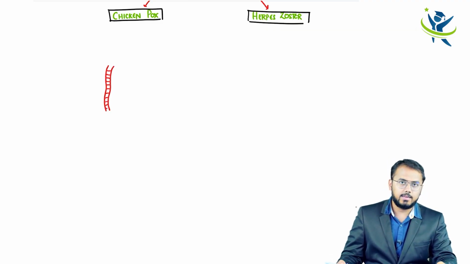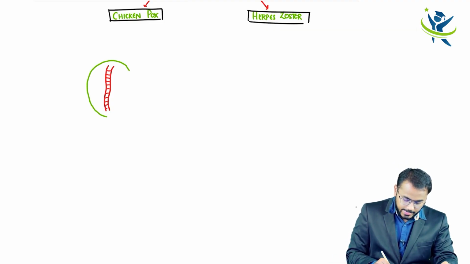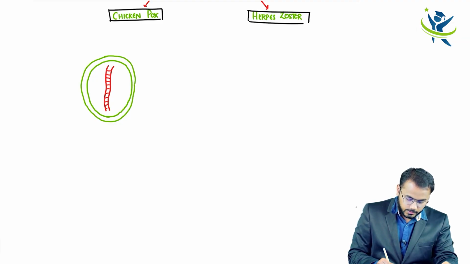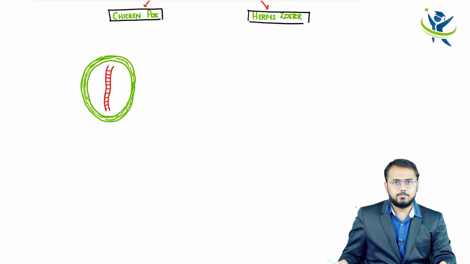This is the viral DNA, and surrounding that you have a double layer. When I zoom in I will find it as a double layer, but I will look at it as only a single layer. This is called your capsid.